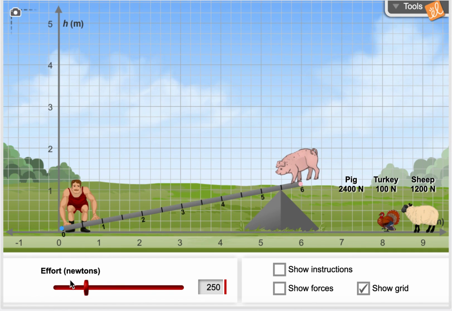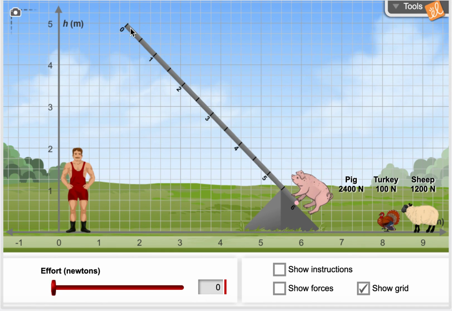Now, what I am doing here means that this 250 newtons that I put in is more than enough to lift the pig. So I am increasing the force by the lever. So my input force is relatively low, but my output force is much higher. But what you will notice is that my input distance is very, very high, because look, the input distance starts at 5 meters.